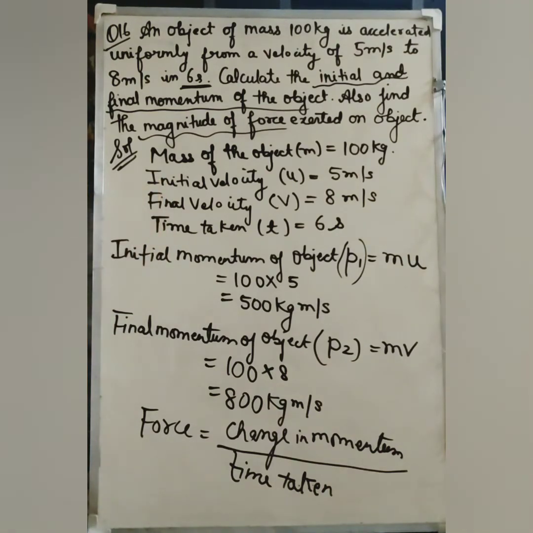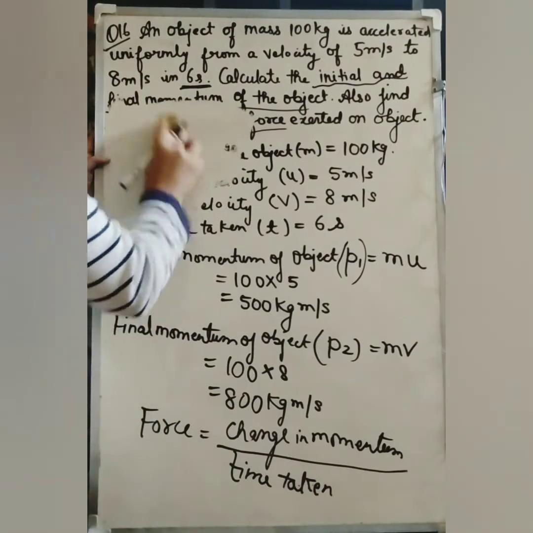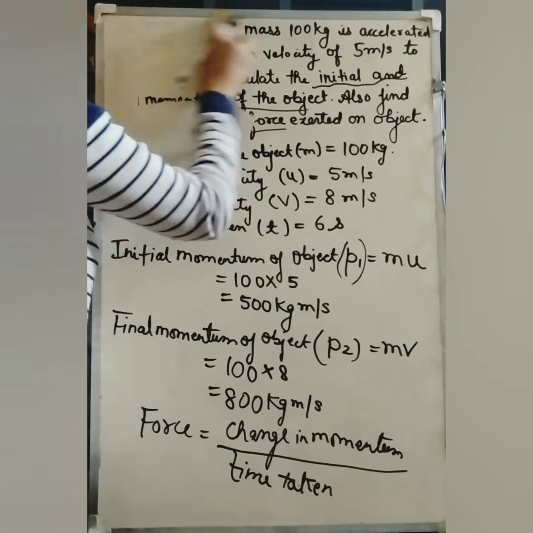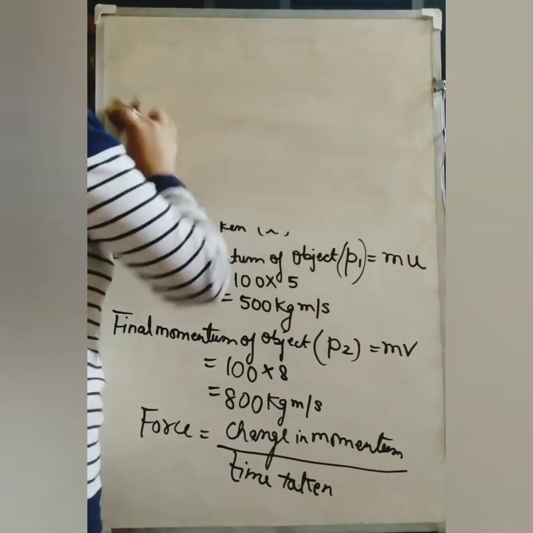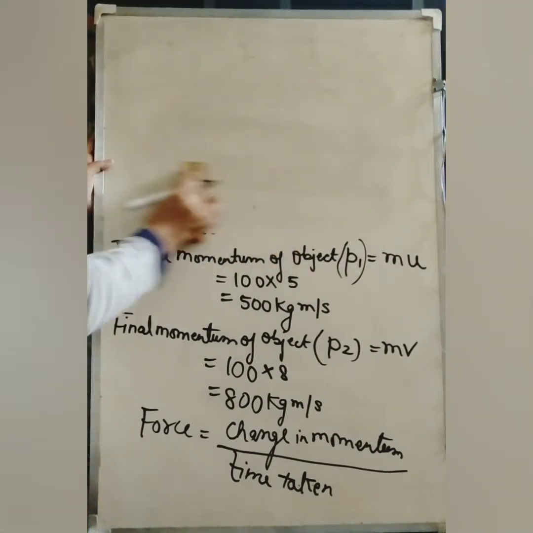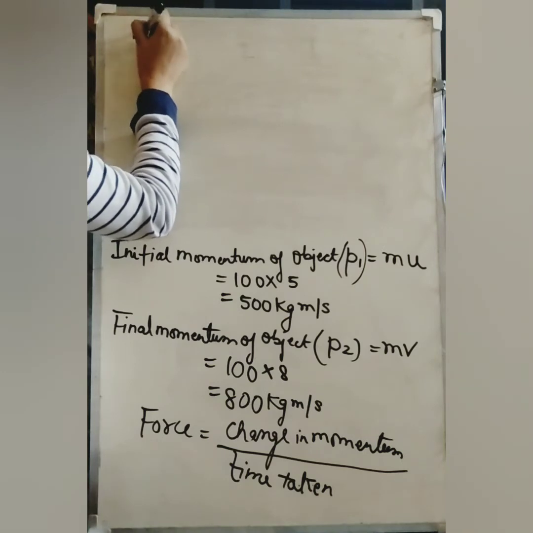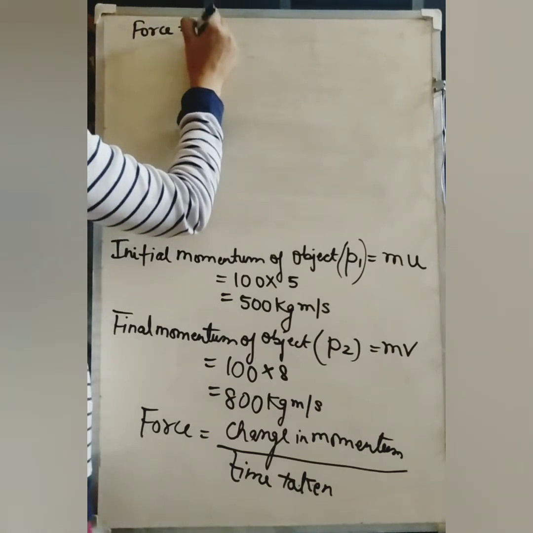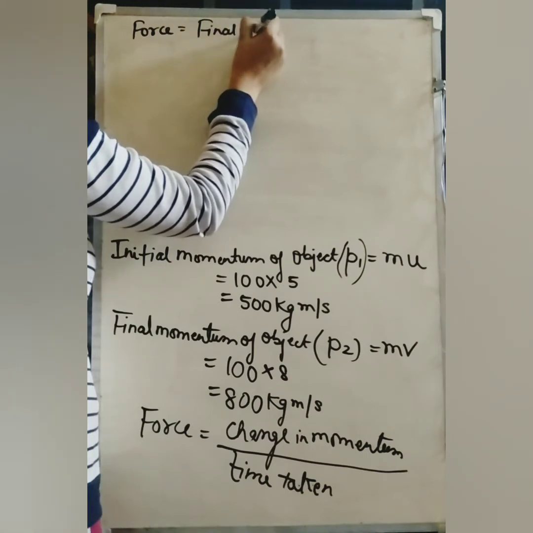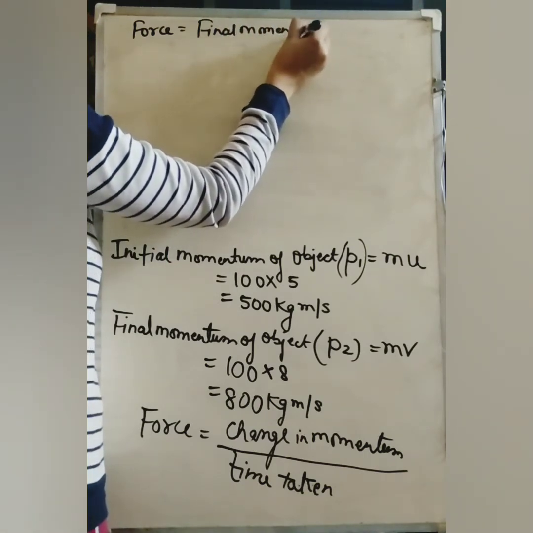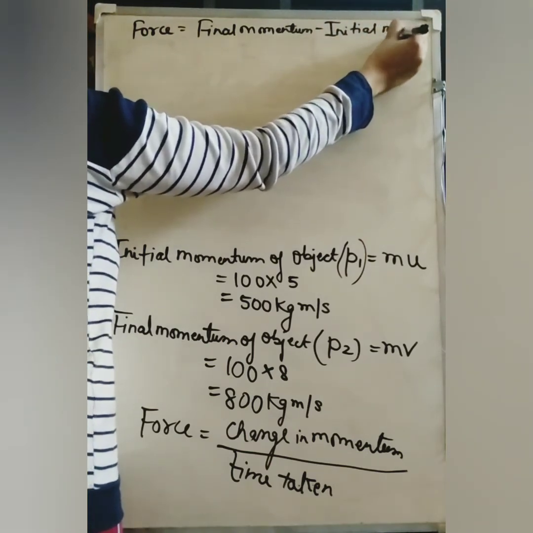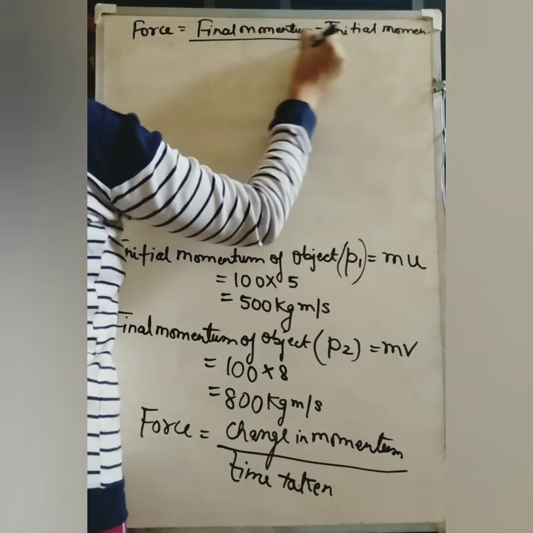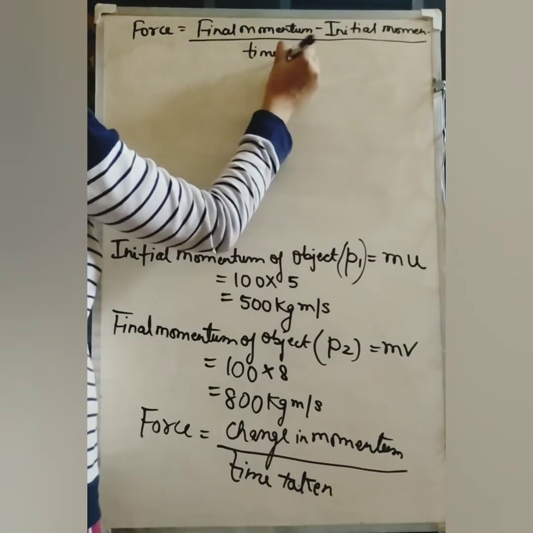So I will find out the magnitude of force, the value of force. So students, force is equal to, now change in momentum is final momentum minus initial momentum upon time taken.